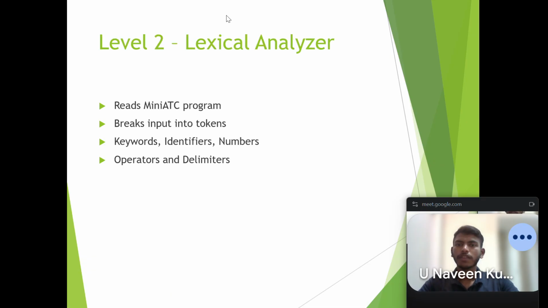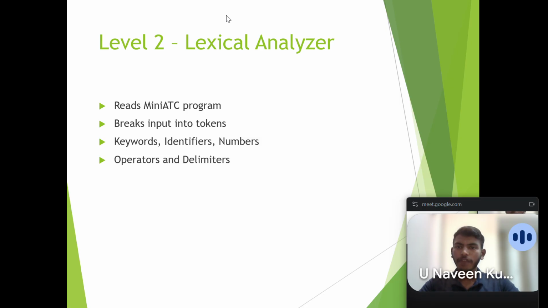Level 2: lexical analyzer. First point, read the Mini ATC program, meaning the program source code is taken as input and broken into tokens, so the code is divided into meaningful parts. For example, take x = 10. Here x is an identifier, equal to is an operator, 10 is a number, and semicolon is a delimiter.